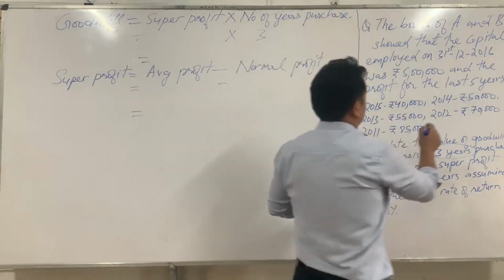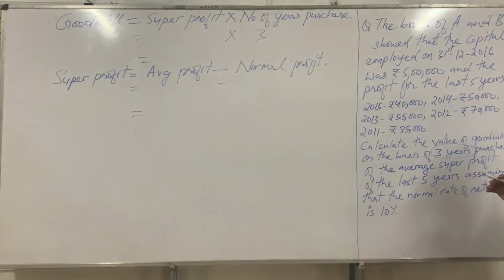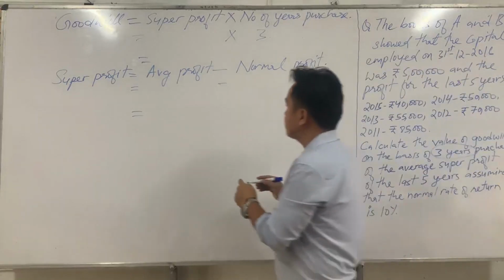So here we have been given 5 years' profit. So we have to find the average profit of the past 5 years. Okay.